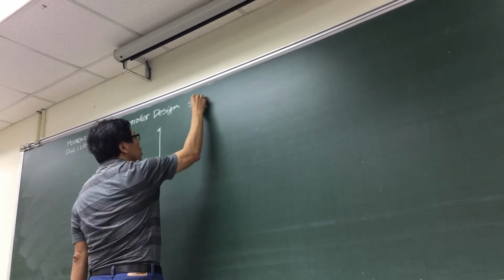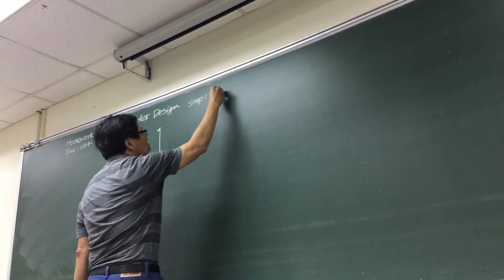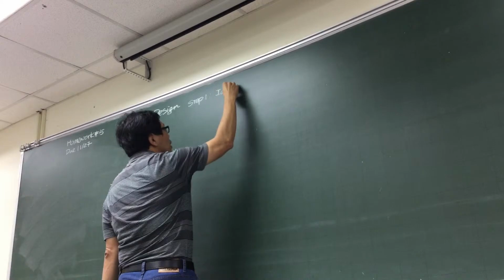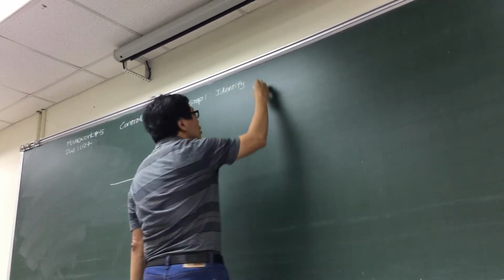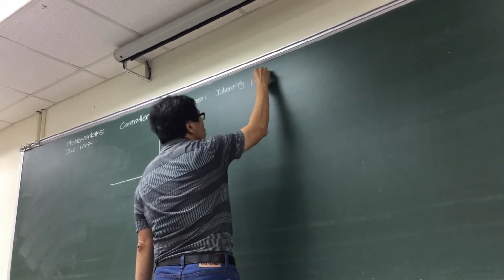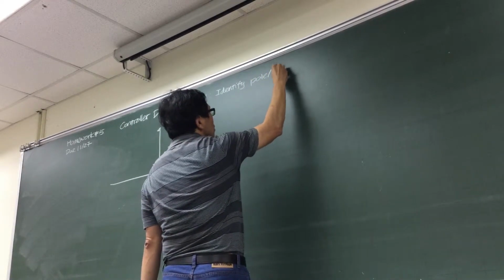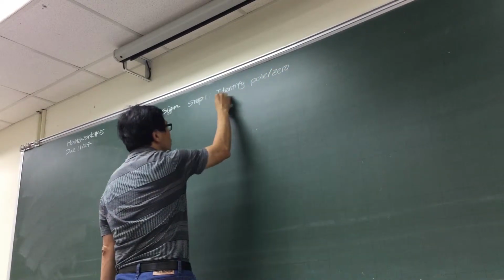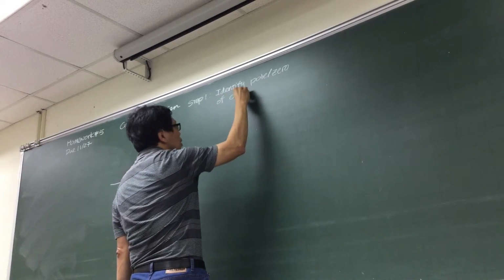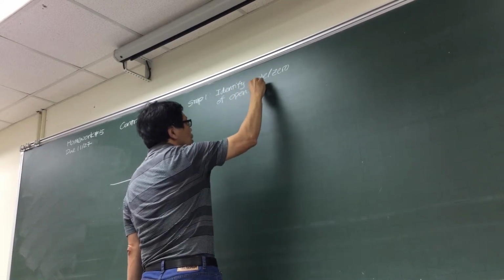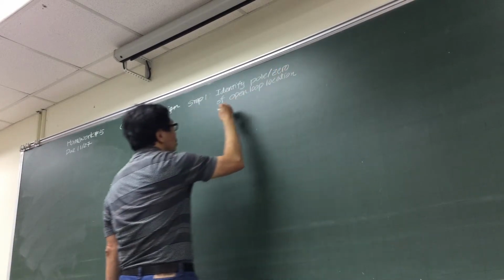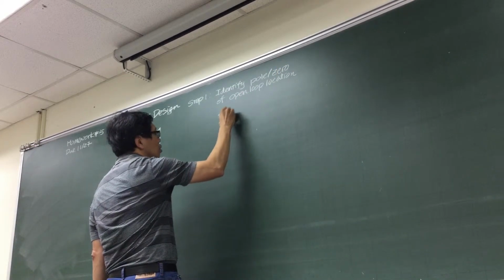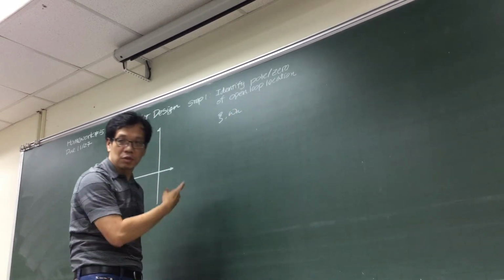Step 1, we need to identify poles and zeros, open loop location, and we need to know those two things.